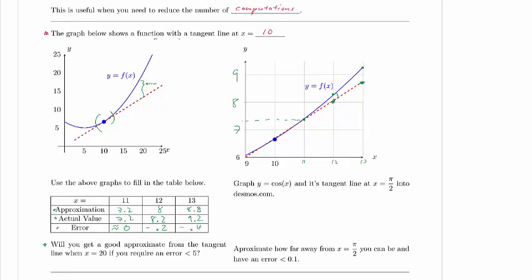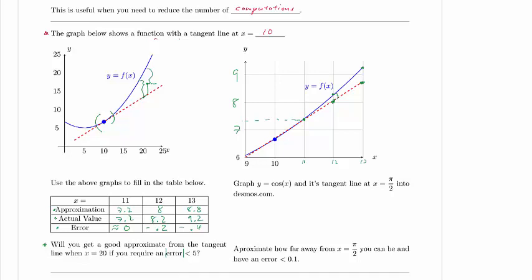All right, and so let's look at the next question. Will you get a good approximate from the tangent line when x equals 20 if you require an error to be less than 5? And so of course, this would be an absolute value of the error. And so let's look at this. So when x is 20, we're right here.